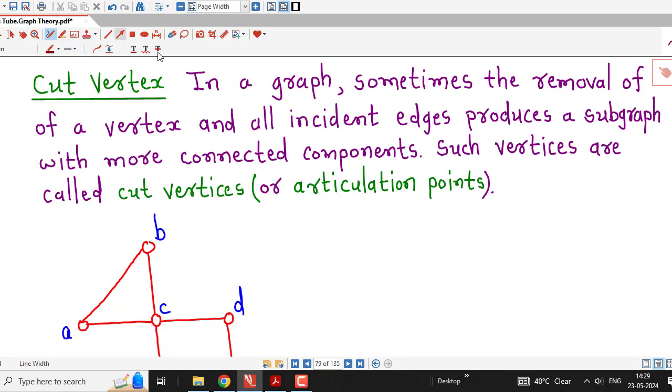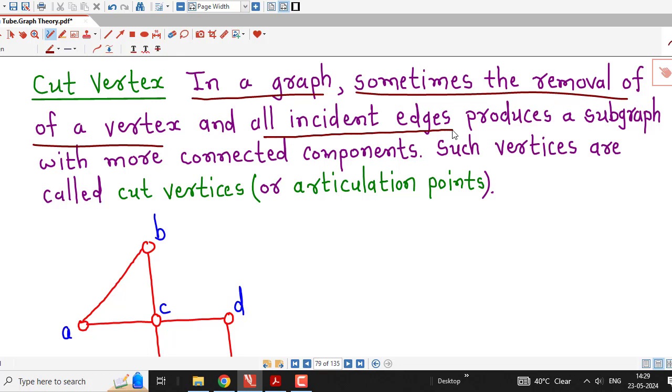They sometimes ask you to write down the definition of a cut vertex. So here I have written, in a graph, sometimes the removal of a vertex and all incident edges produces a subgraph with more connected components. Such vertices are called cut vertices.